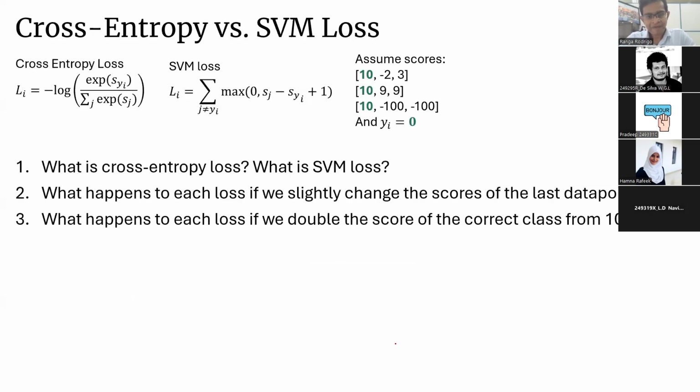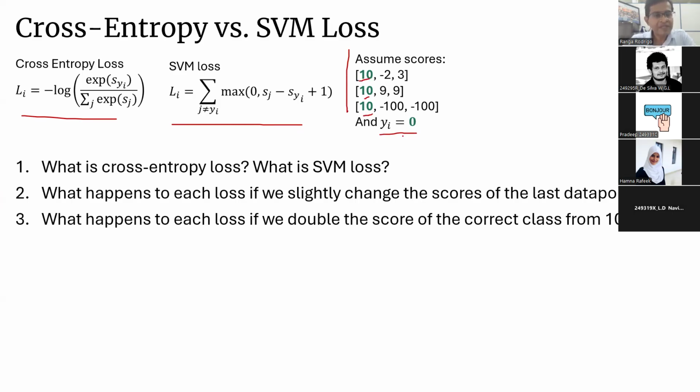Okay, so now if we compare cross entropy versus SVM loss, you can see the cross entropy loss here and the SVM loss there. We assume these scores, and this is the correct class score, yi equals 0.